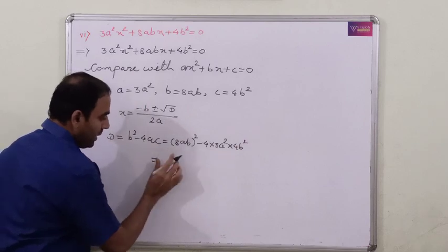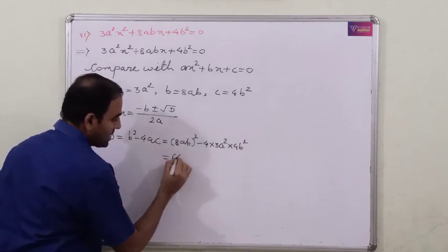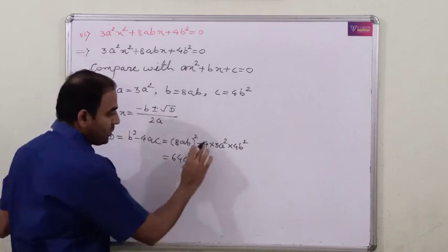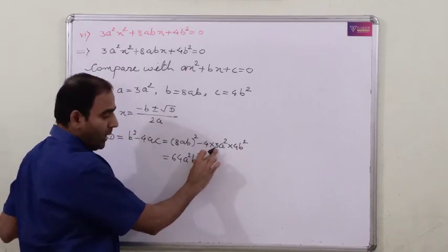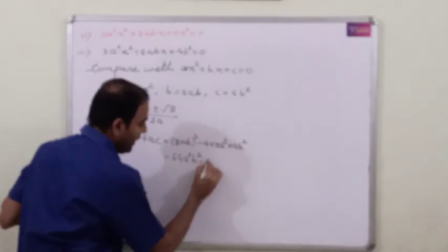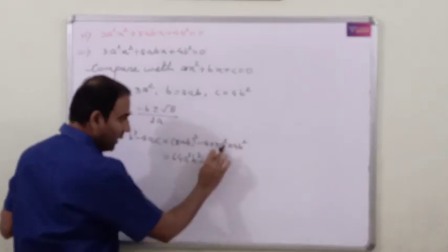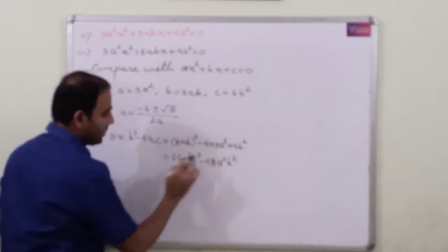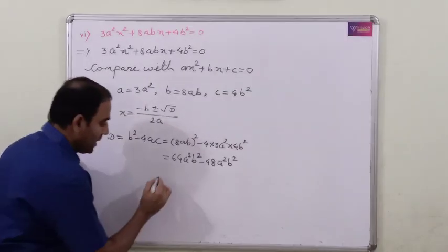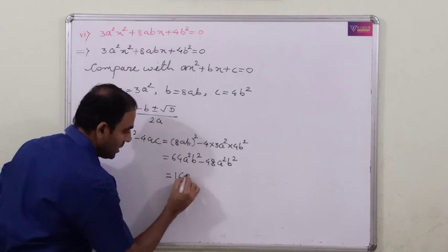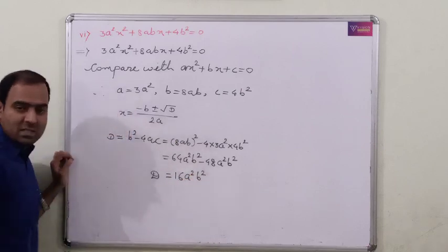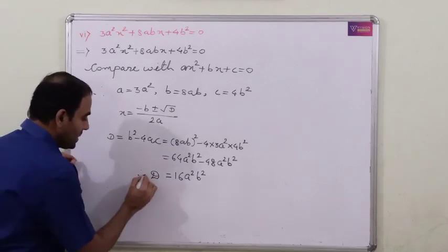And you know 8 square is 64, a square b square, minus 4 3s are 12, 12 4s are 48, a square into b square. So 64 minus 48, you get 16 a square b square, and that is the value of discriminant.